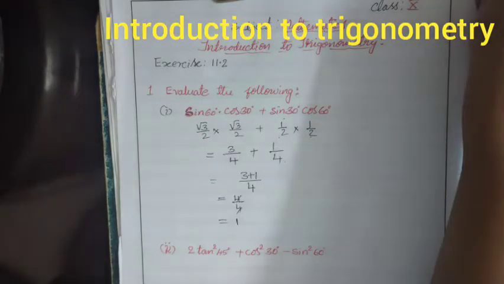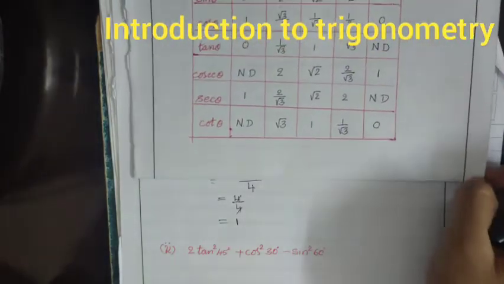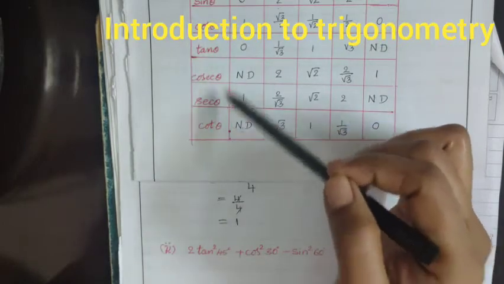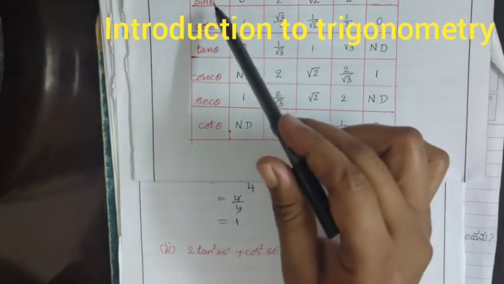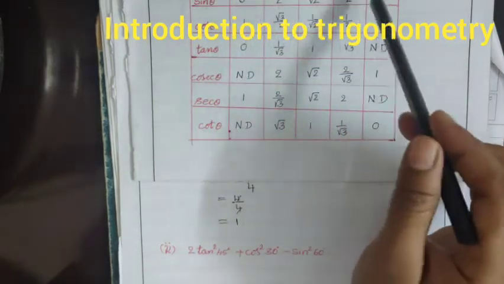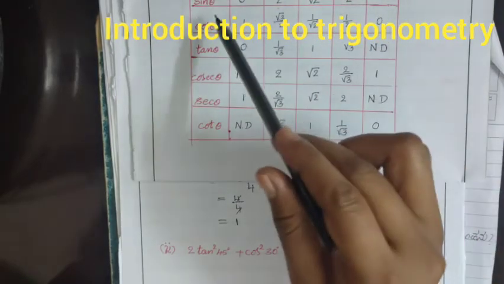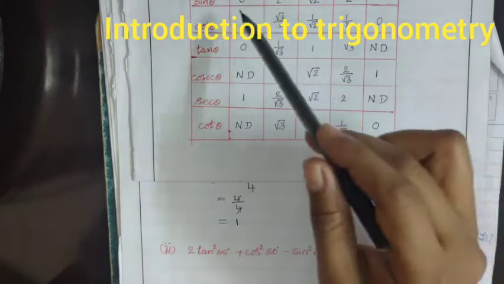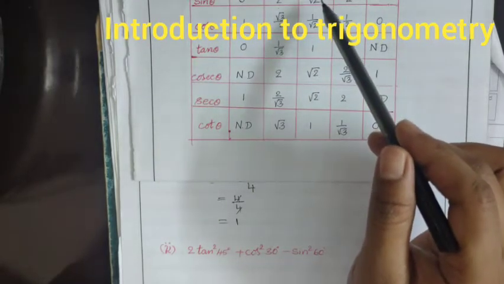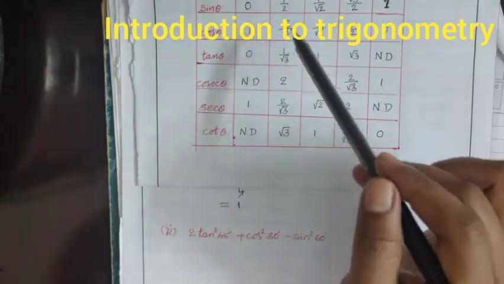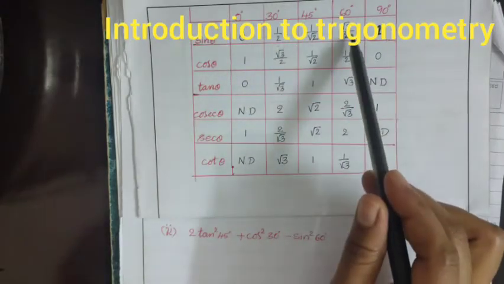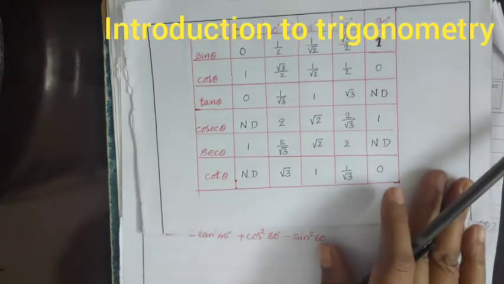Students, first you can make a chart like this. You can write all the angles and 6 trigonometric ratios and write the trigonometric ratios of these angles. You know that sin 0 is 0, sin 90 is 1, sin 45 is 1 by root 2 and sin 30 degree is 1 by 2, sin 60 is root 3 by 2, like this.